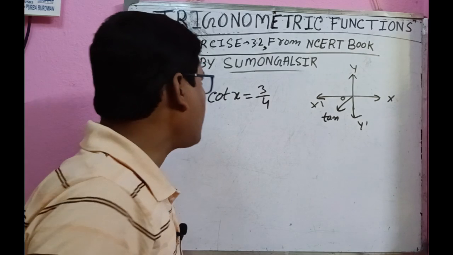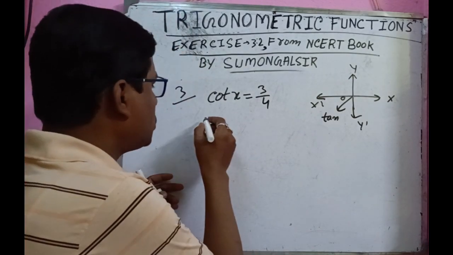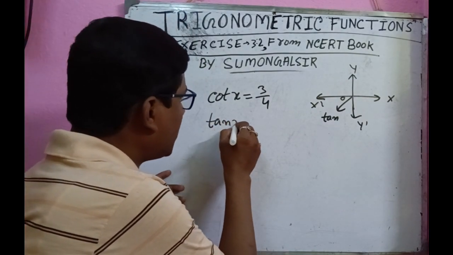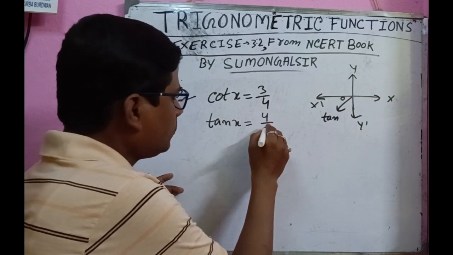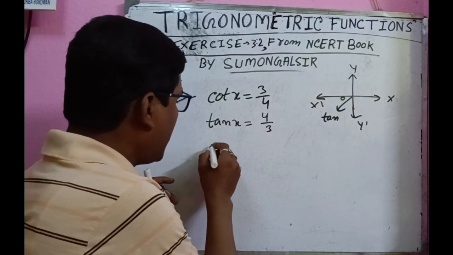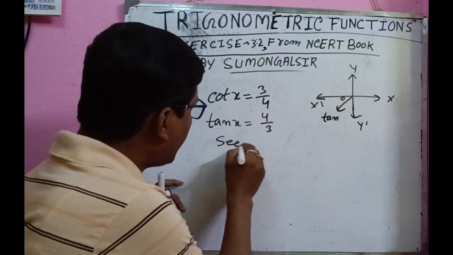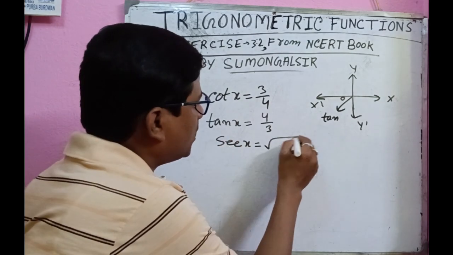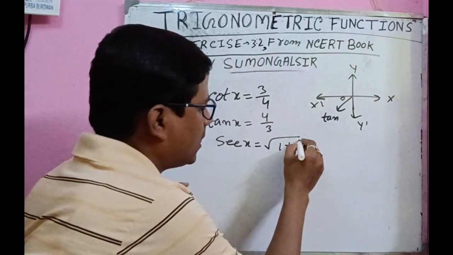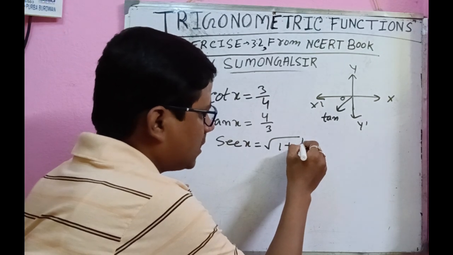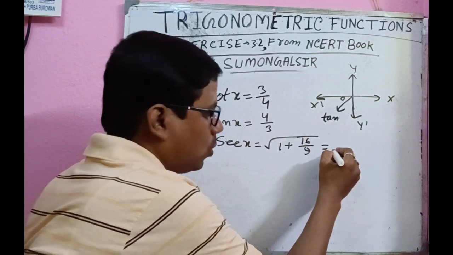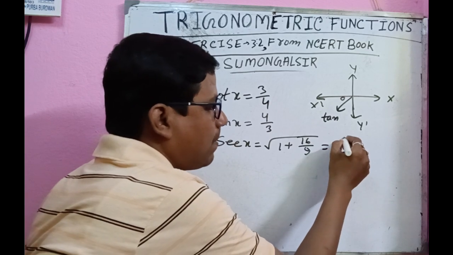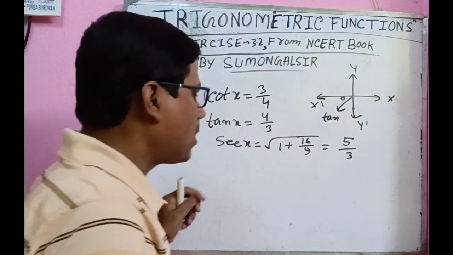Now cot x is equal to this, so tan x is equal to 4 by 3. From here, sec x is equal to root under 1 plus tan square, that is 16 by 9. By calculating, we get 5 by 3.